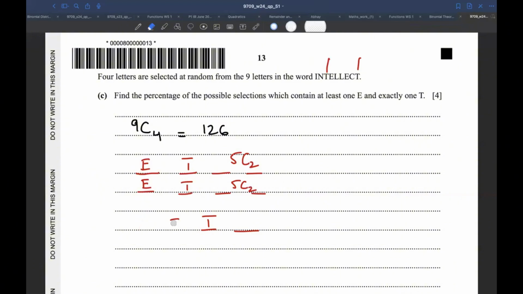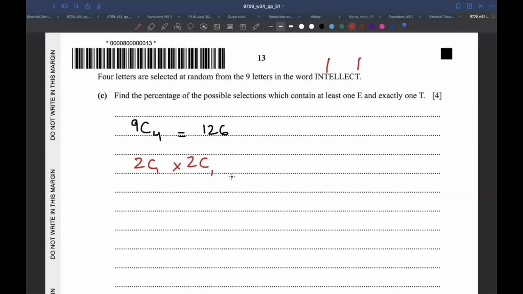I'm not drawing up all the combinations here, I will just write it like this. Out of two E's, any one E was over here. Out of two T's, any one T was over here. And then the two remaining spots are to be chosen from the remaining five. So this will become 2 times 2, which is 4, and 4 times 5C2, which is 10, so the total is 40.